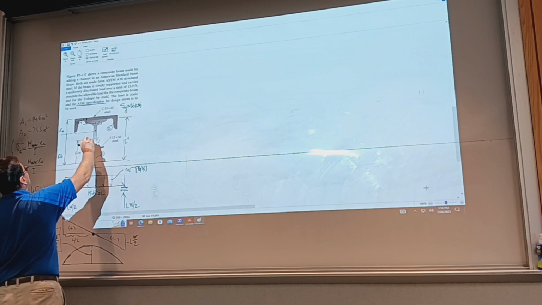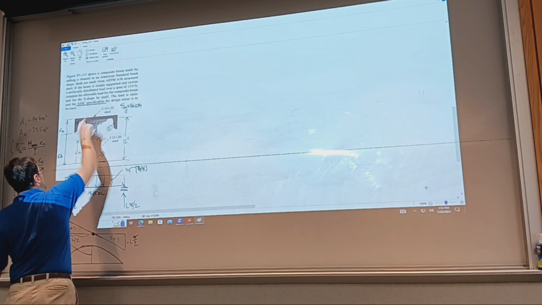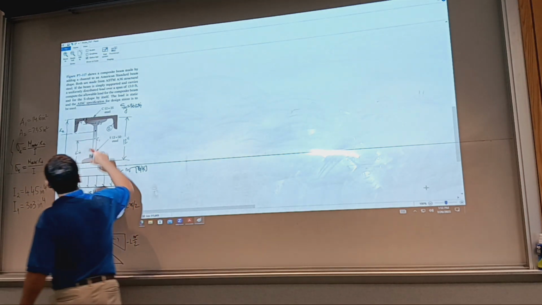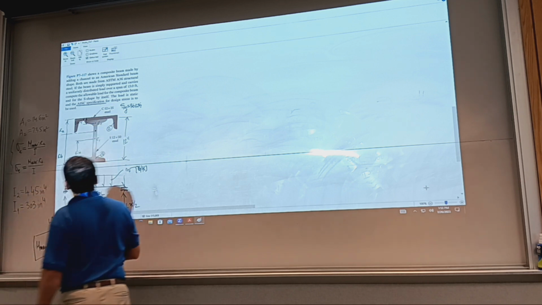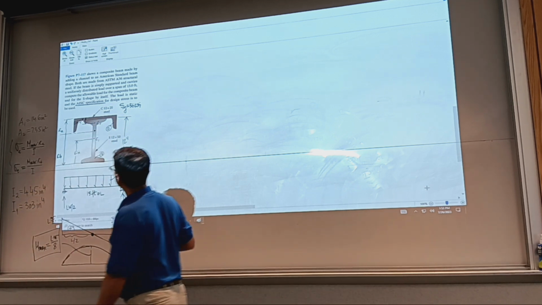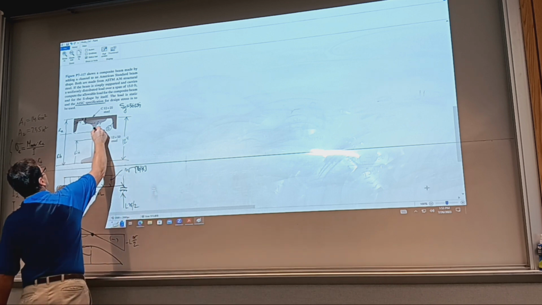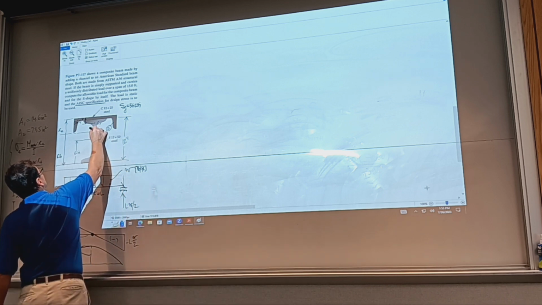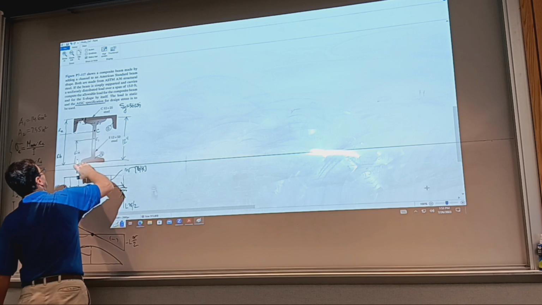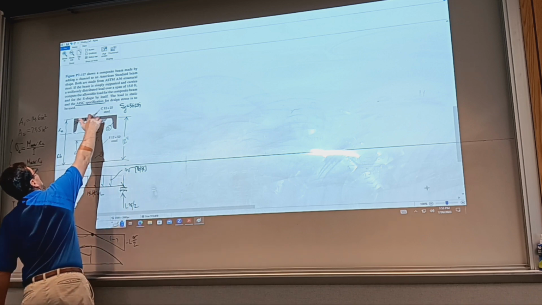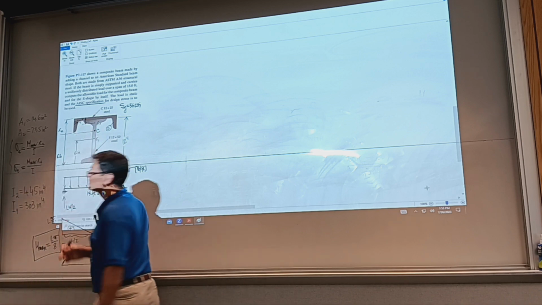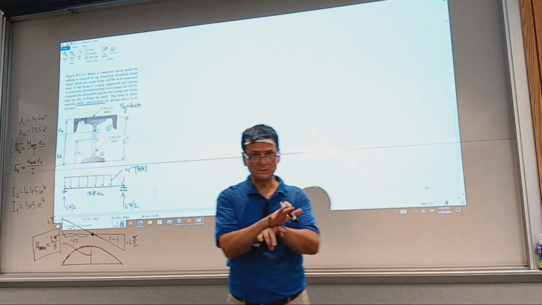We can also look at, it might be in the scope of the problem, what is the compressive stress here? If we anticipate the centroid of the assembly to be further away from the bottom surface, the tensile stress here is going to be less than the compressive stress at the interface between the two.